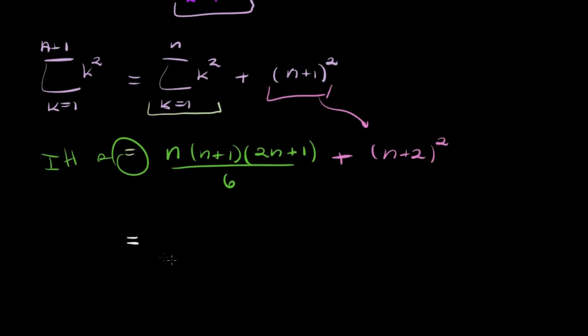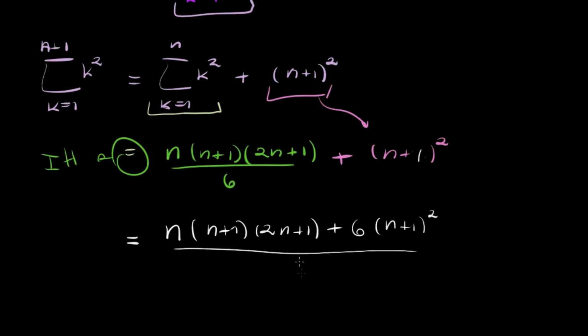Okay, and now again all we have to do is operate and try to get to the result we wanted. So what I'm gonna do is multiply by 6 on both sides, so I get n times n plus 1 times 2n plus 1 plus 6 times n plus 1 squared, divided by 6.